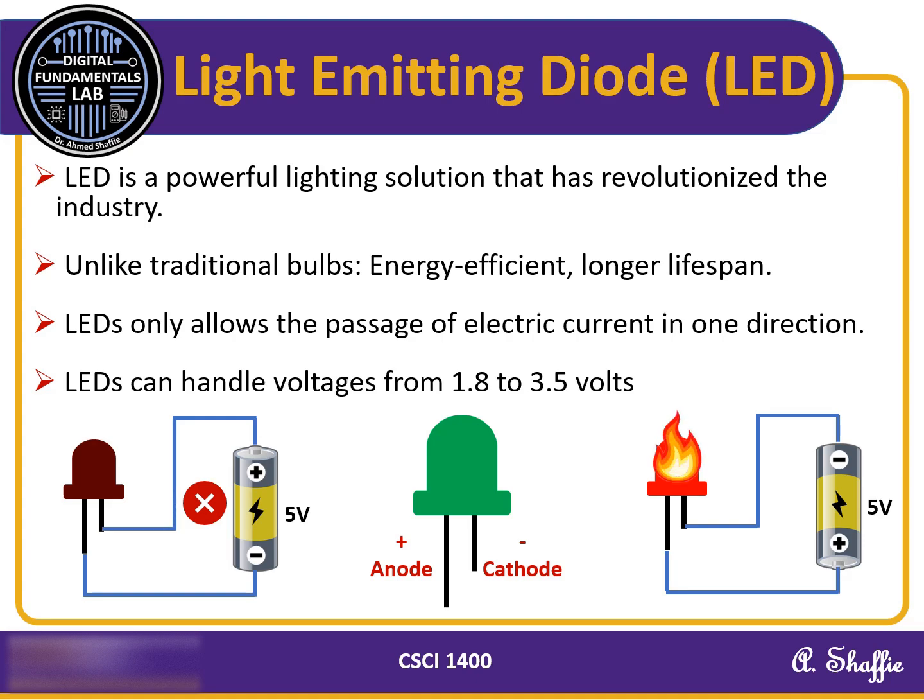To protect the LED, we need to add a resistor to the circuit. The resistor will help divide the voltage between itself and the LED, reducing the voltage load on the LED and ensuring it operates correctly and safely. And this is the correct way to connect an LED in a circuit.